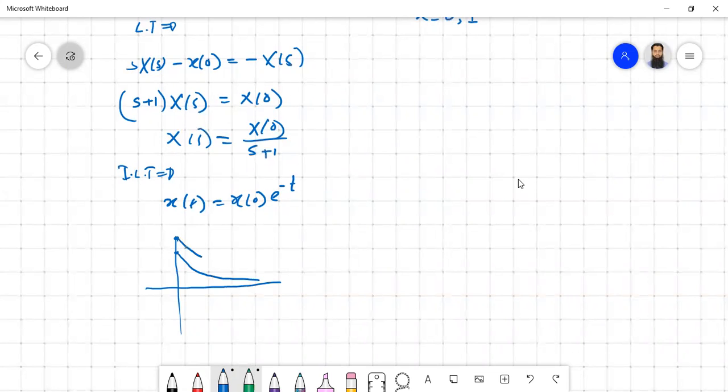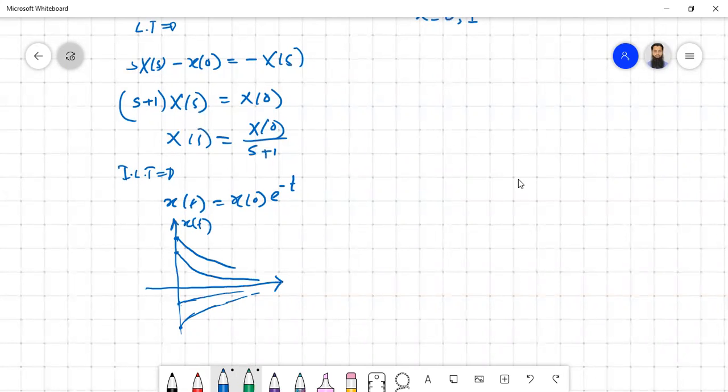You are here, so you follow this path. You are here, so you follow a path something like this. Whatever your initial condition, it always comes back to the equilibrium point. So this is how it works for a linear system.